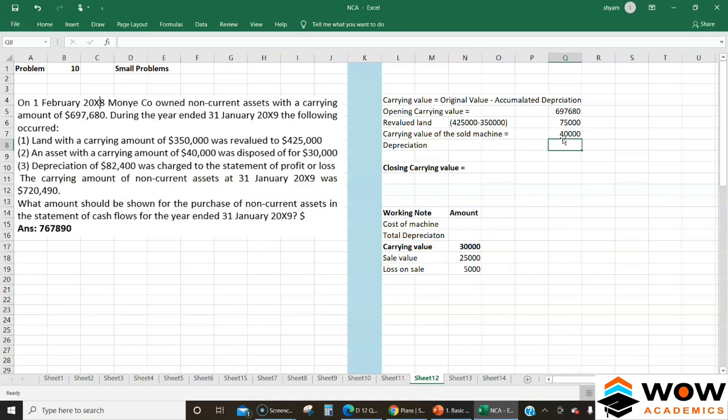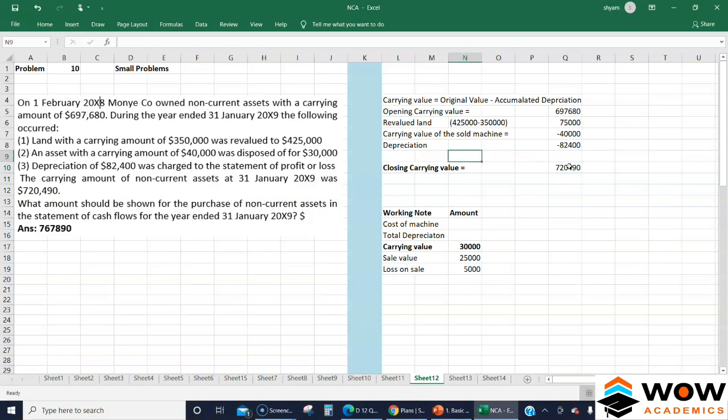Depreciation has been given, so depreciation is 82,400, and the closing value has also been given. So it is 7,20,490.